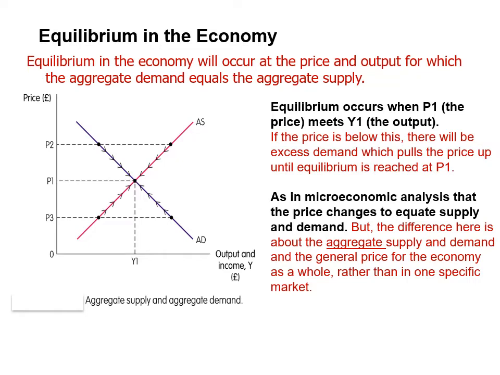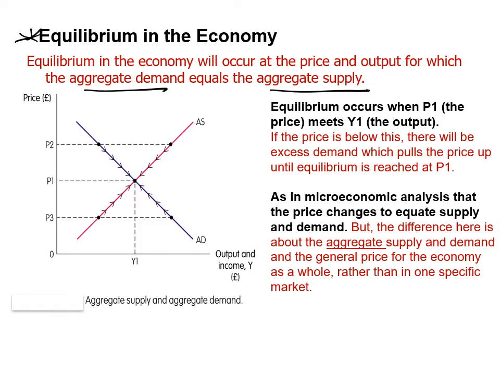Now that we have talked about aggregate demand and aggregate supply, we can go on to talk about equilibrium in the economy. Equilibrium in the economy will occur at the price and output for which the aggregate demand equals the aggregate supply. We've seen this before, right? In microeconomics.